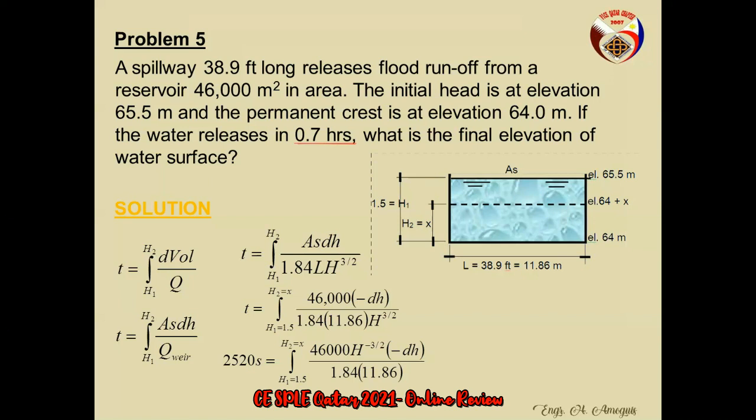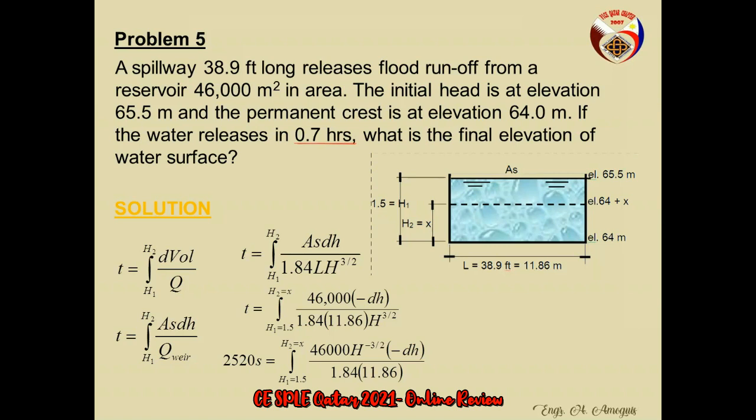So, this is 1.195. Ayan, then equals 2 times 1 over square root of x minus 1 over square root of 1.5, and solve your x. So ganun lang siya. Right?